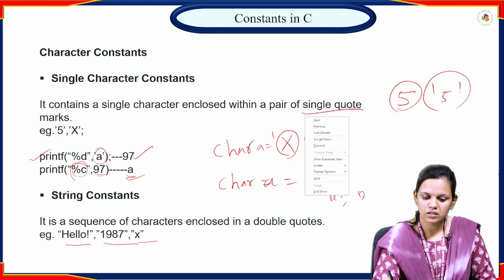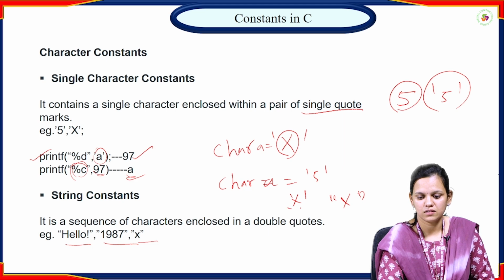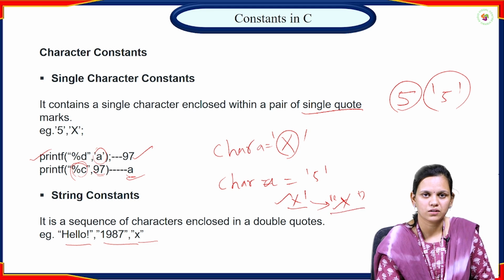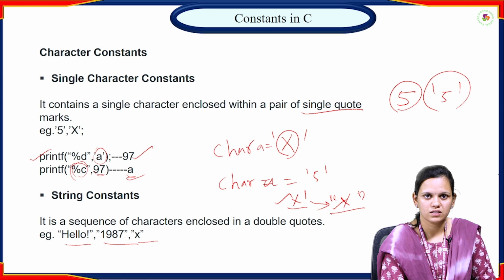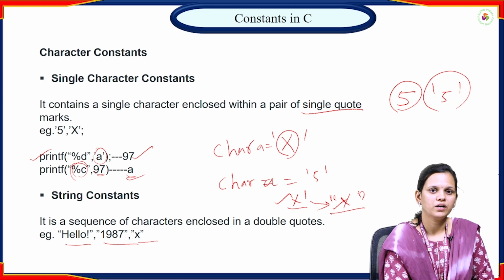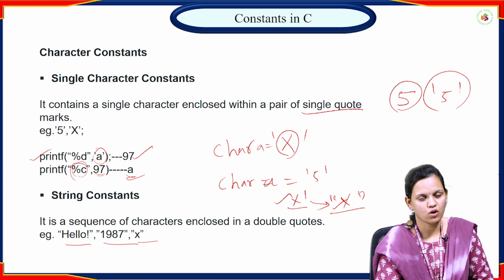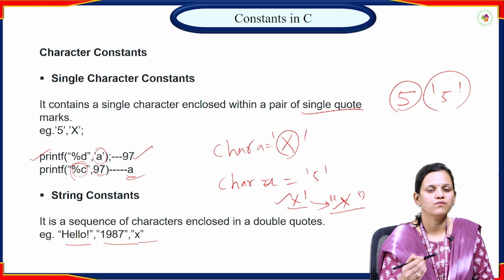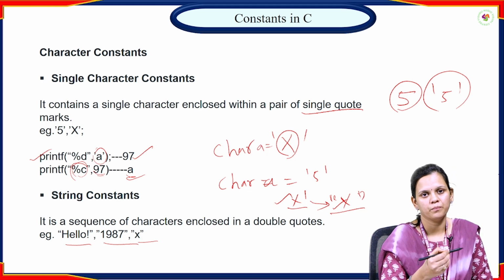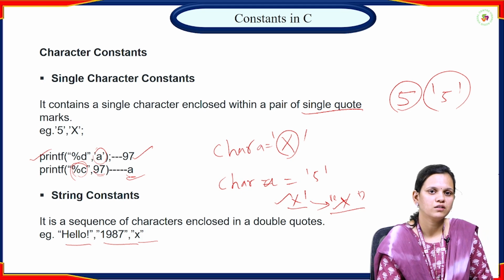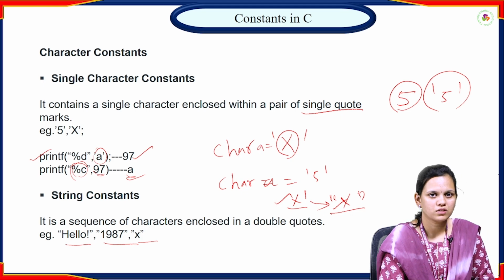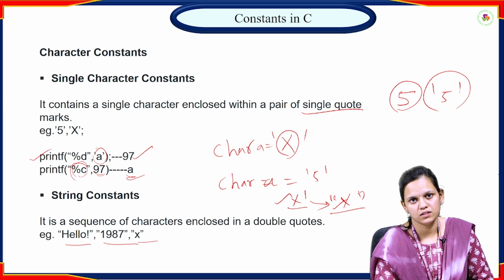This is different from this: this is a single character and this is a string. So this is about the constants. The constants are divided into numeric and character constants. Under numeric constants we have integer constants and floating point constants, and under character constants we have single character constants and string constants.